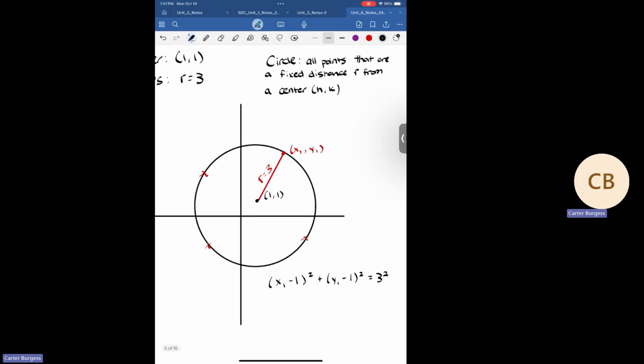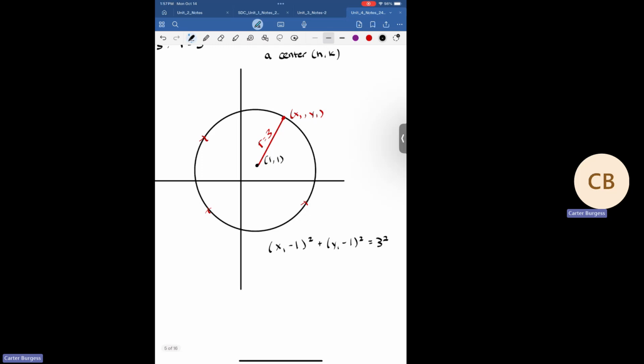It is every single point that matches this criteria of being a radius away from our center. And so rather than referring to this as a specific x1 and a specific y1, we denote these as a generic x and a generic y.